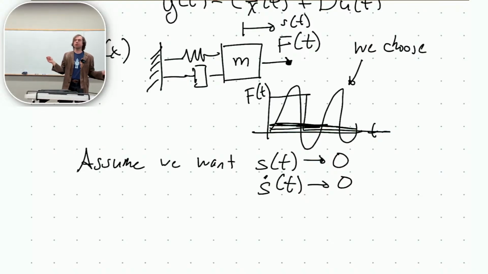Okay, just simply want it to go to 0. Whatever that position is, go to 0 and stop. Okay? If this is a stable system, it'll eventually get there. But maybe we want to get there faster. Maybe we want to get there slower. Who knows?